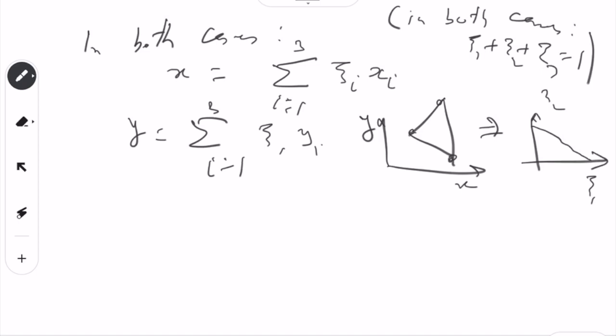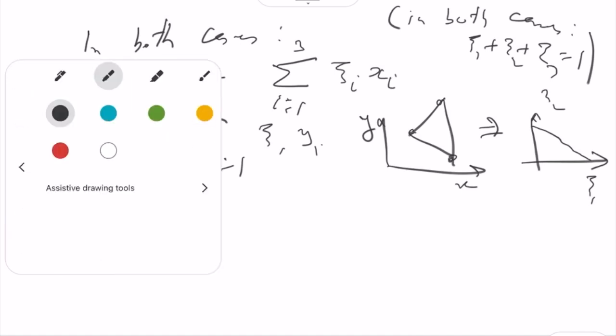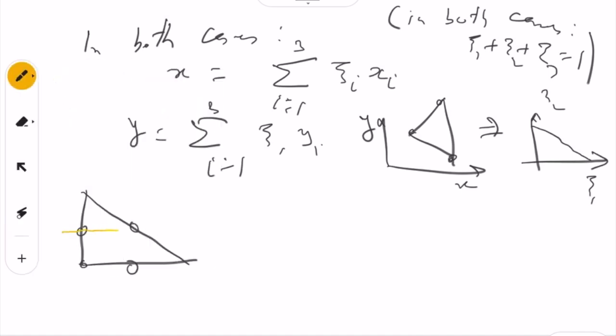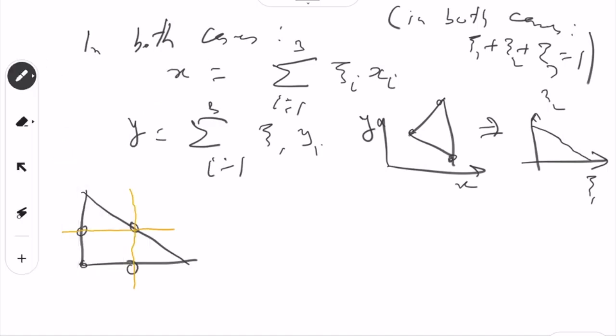Now what you see in this case is like this. Now it's crucial that we are assuming these nodes are exactly in the middle. This is very easy basically.